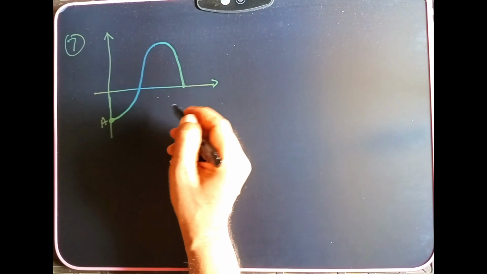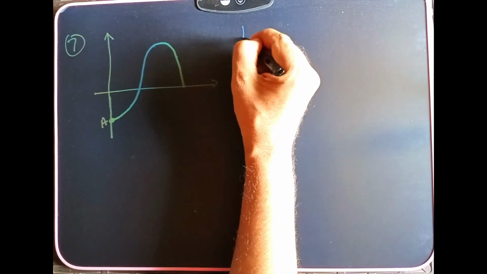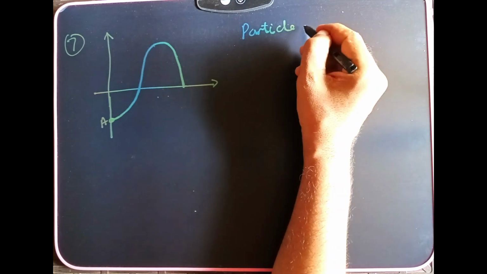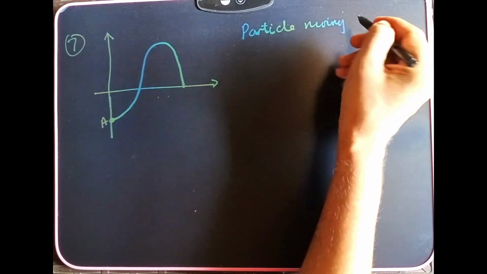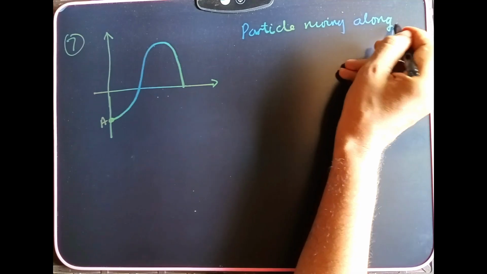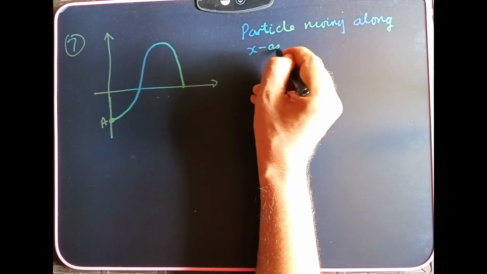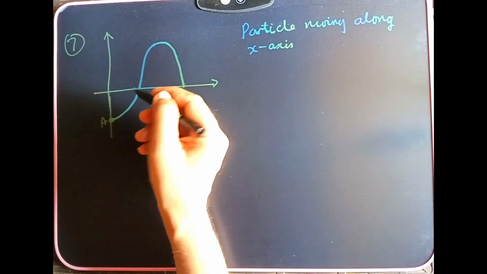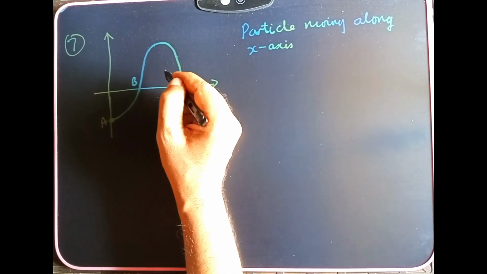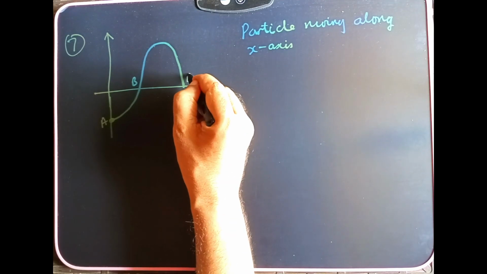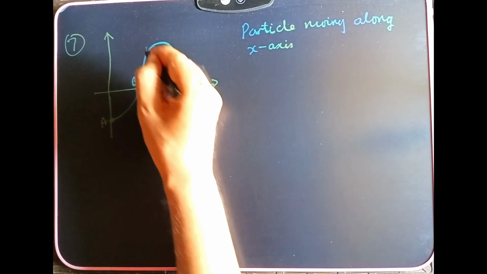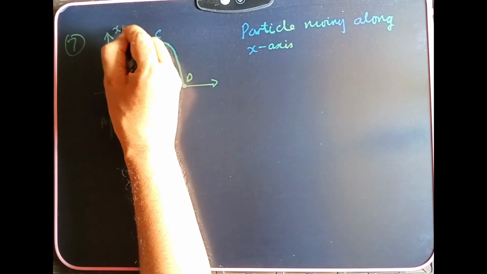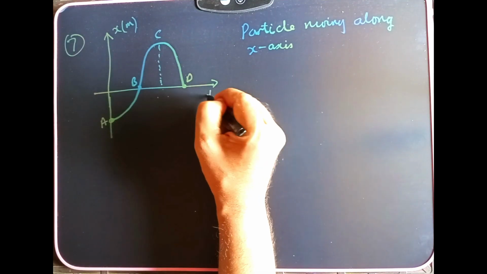The particle is moving along the x-axis, and this is the graph shown for that particle. This is point D, this is point C. This is the displacement in meters, and this is time in seconds.